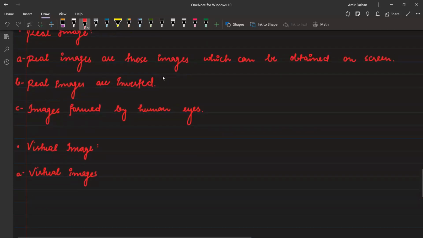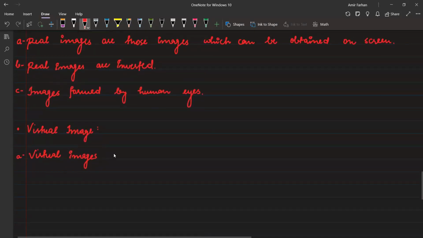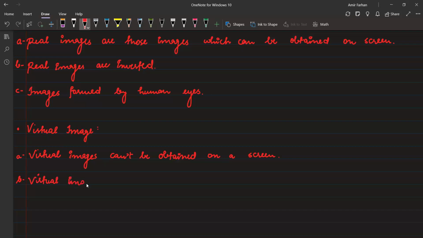Real images are those images which can be obtained on a screen, but virtual images cannot be obtained on a screen. Virtual images are erect.